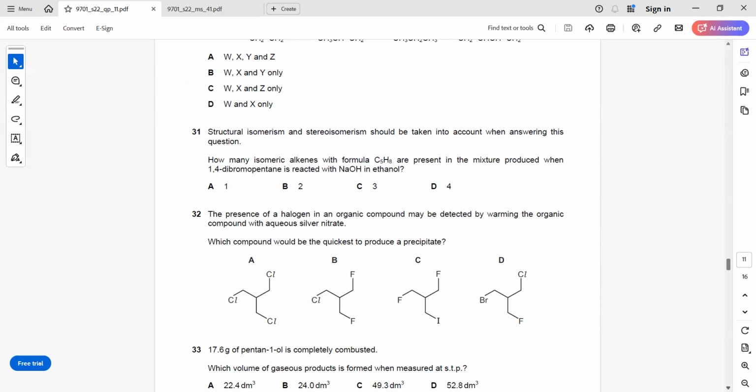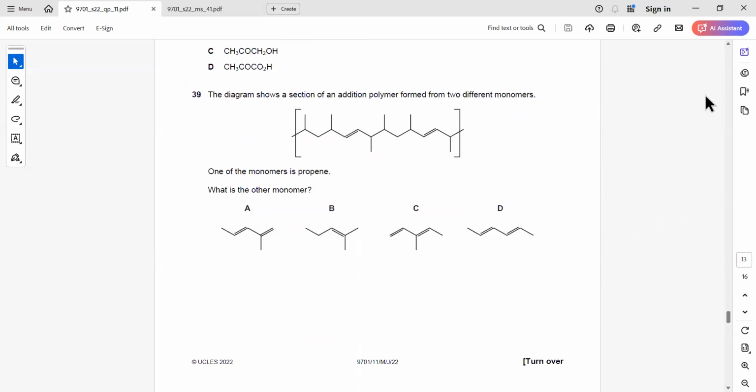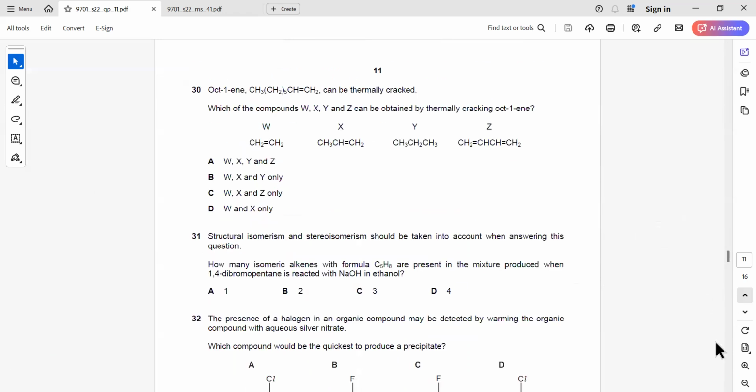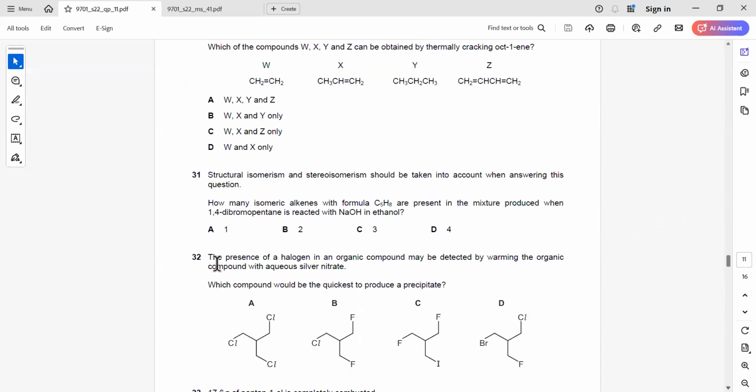Okay. Now the next question, that is the presence of a halogen. Question number 32. They're saying the presence of a halogen in an organic compound may be detected by warming the organic compound with aqueous silver nitrate.